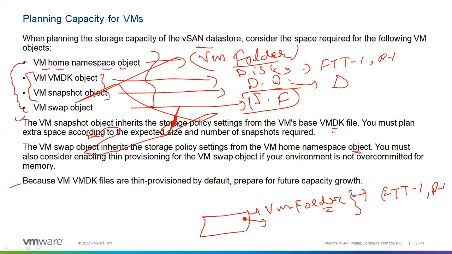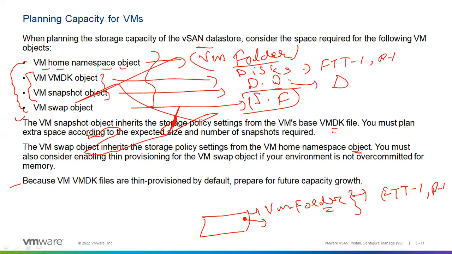Where people want storage efficiency and the workload is not IOPS intensive, they keep a storage optimization policy, like FTT2 RAID 5 or RAID 6, and the rest, where they are looking for storage performance, they keep as FTT1 RAID 1.